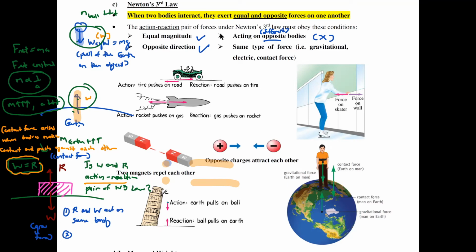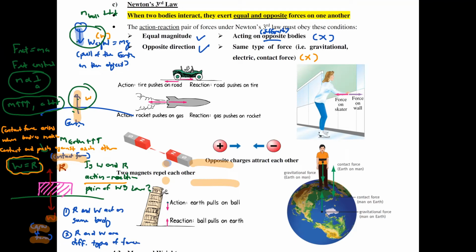R itself is contact force, but W is gravitational force. So if you look at the criteria for action-reaction pair of Newton's third law, this one is also not obeyed already because there are different types of force. So what I can say here is also R and W are different types of force.